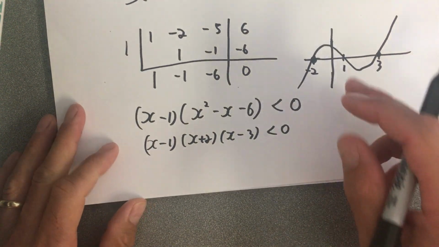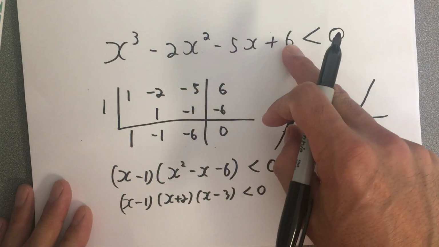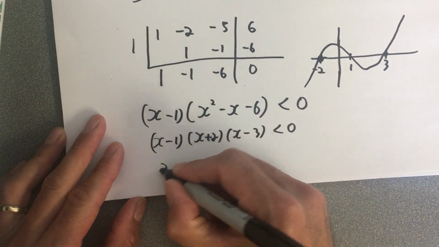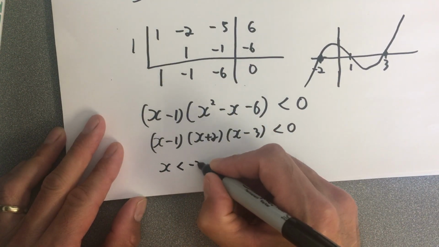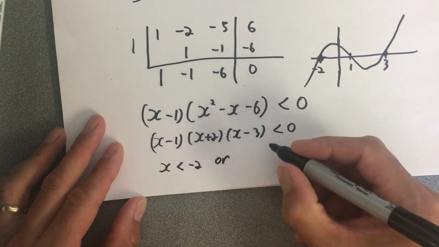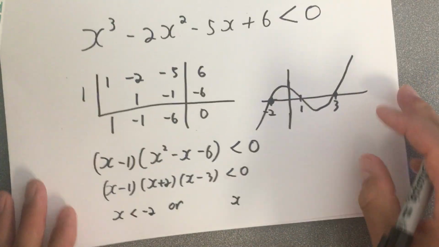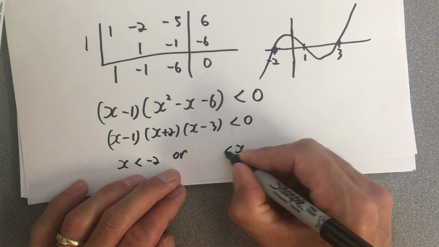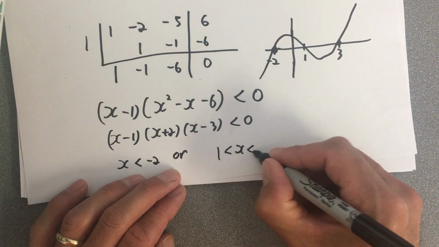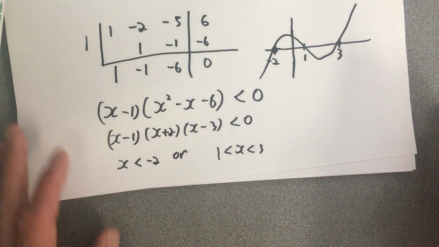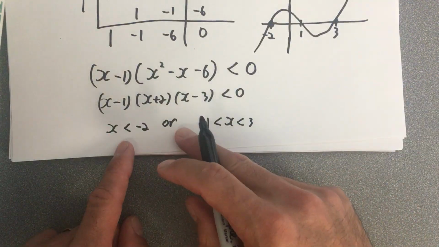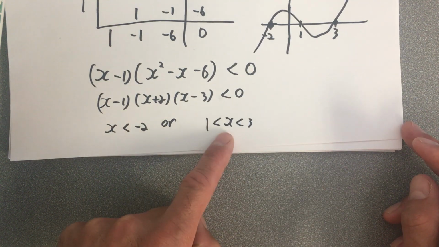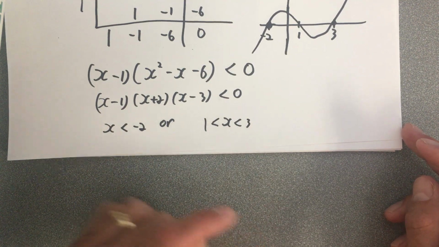So my solution is for the third order polynomial to be strictly less than 0, I need x to be strictly less than negative 2, or here, x is between 1 and 3, so x is greater than 1 and at the same time less than 3. That's my full solution. x is less than negative 2, or it is greater than 1 and simultaneously less than 3.